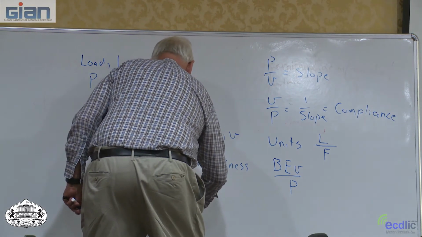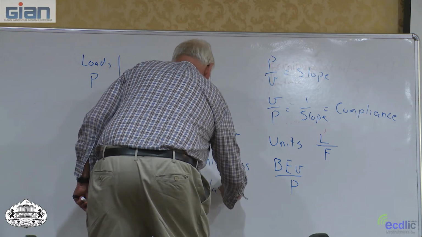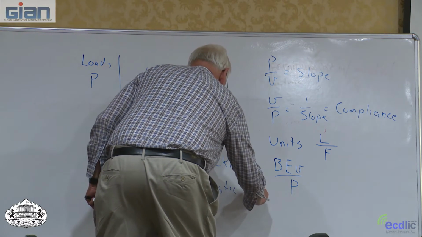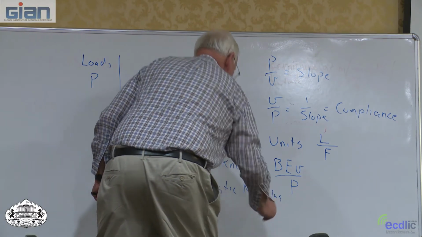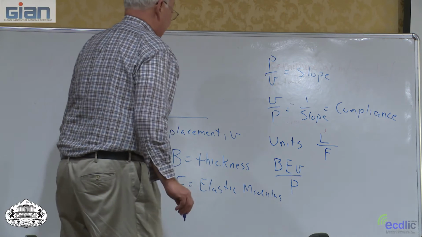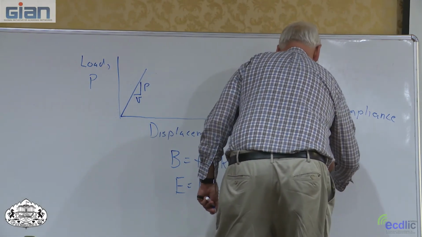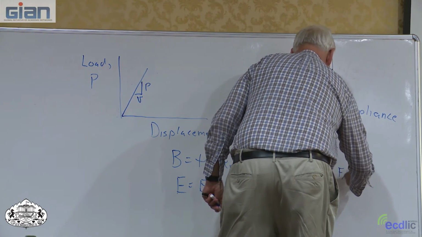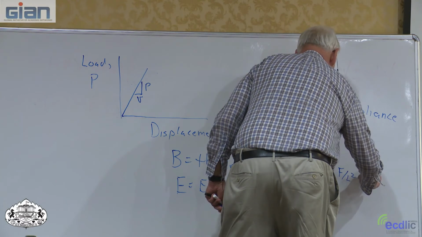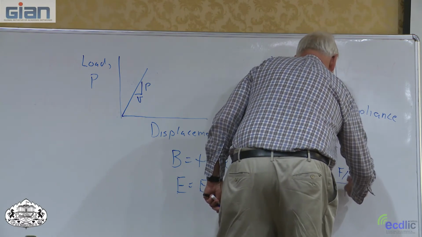E is elastic modulus. Then units here would be B is length, E is force per length squared, V is length, and P is force.